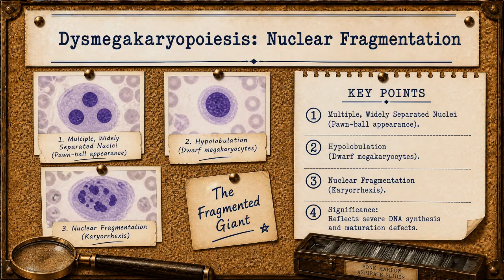It's the largest cell in the bone marrow, with abundant, granular cytoplasm, and its most striking feature is its highly lobulated nucleus, often containing 8 to 16 lobes. This complex nuclear structure is essential for its function, as it's involved in the process of platelet formation. Think of it as a beautifully organized, multi-chambered control center.